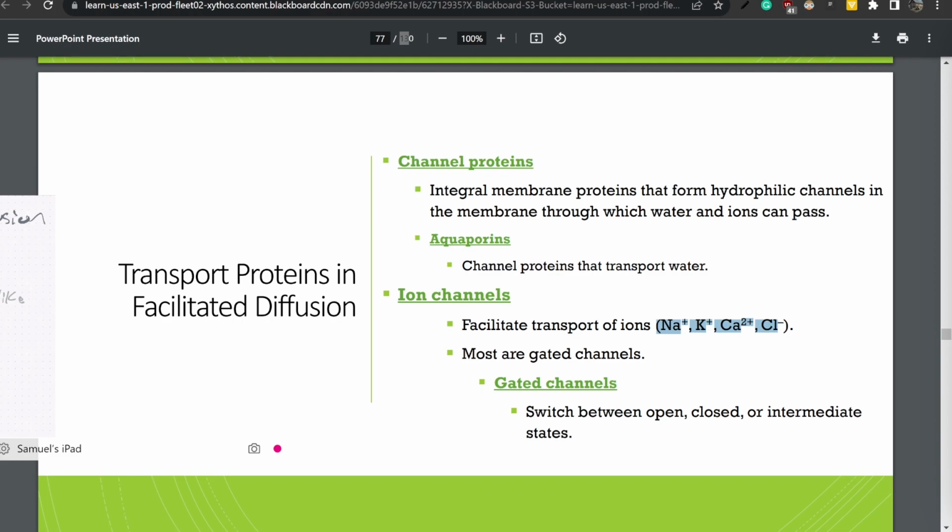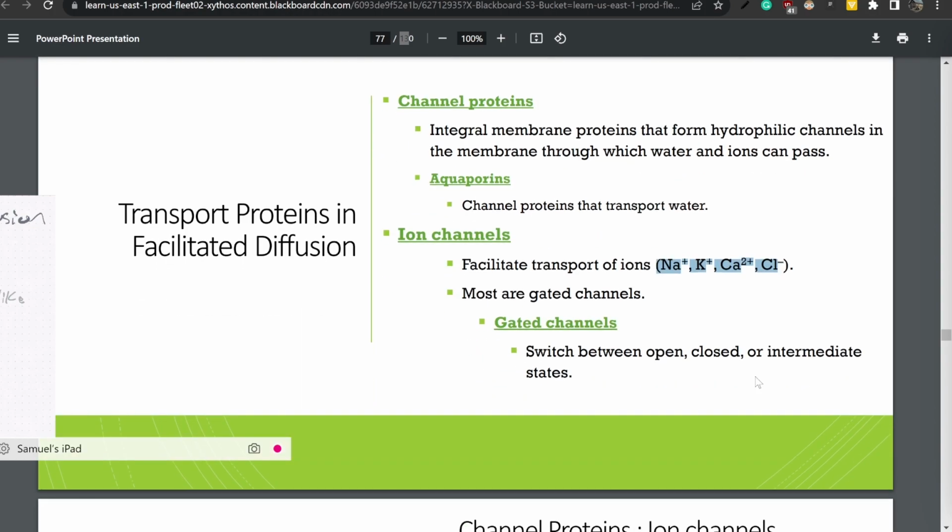So I'm going to write in my notes ion channels, which makes sense. Gated channels, which would be open.